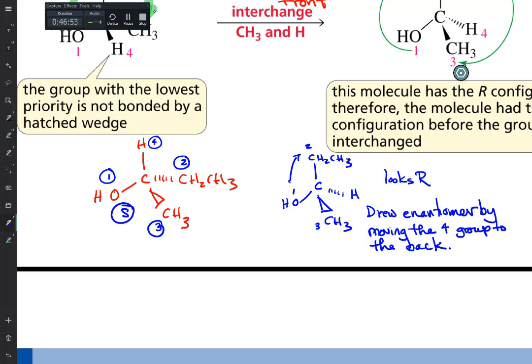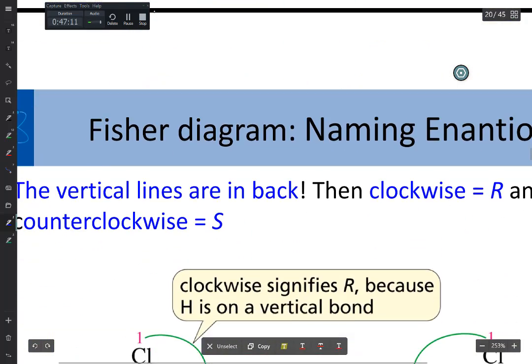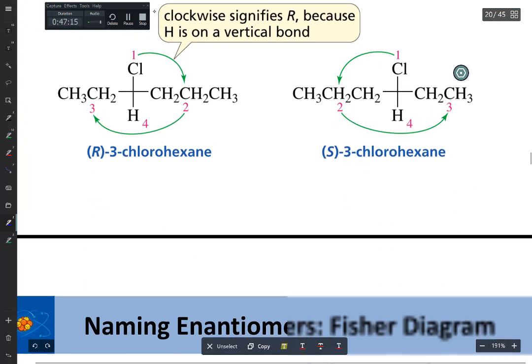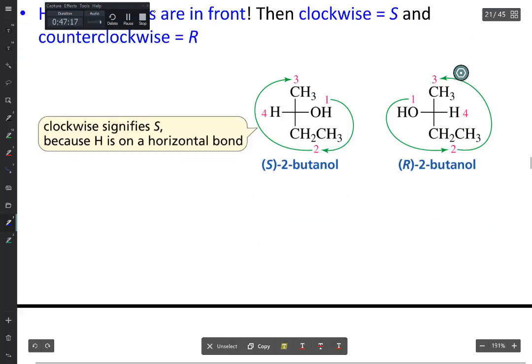So if you know the configuration of the enantiomer, then the original molecule, you know its configuration as well. It's the opposite. Okay. Make sense? That's one of those techniques for doing these things that I think I forgot to put on my slides, but it's really useful in drawing the enantiomers. Okay.